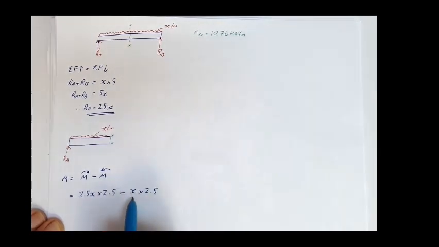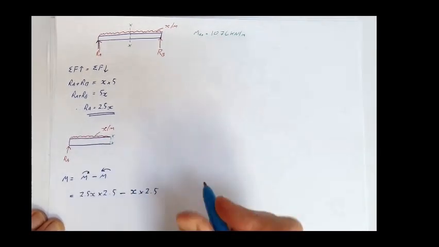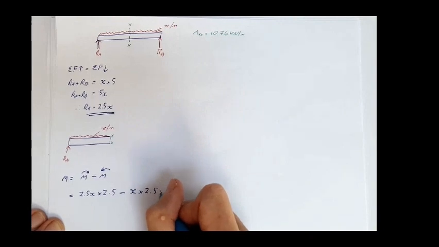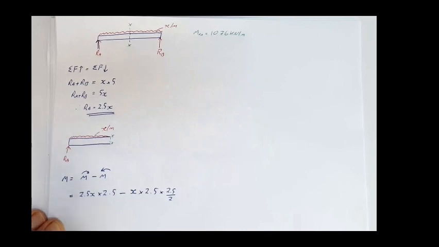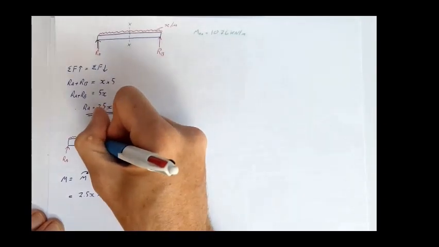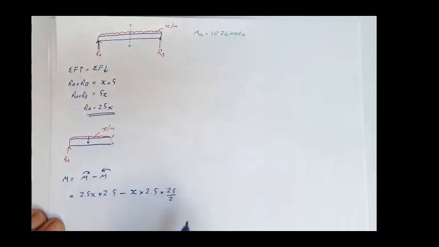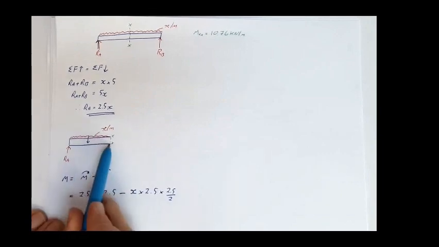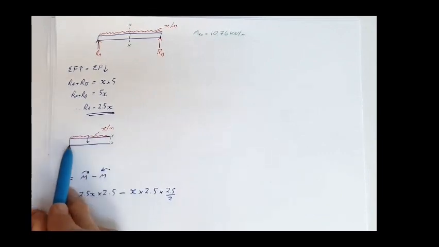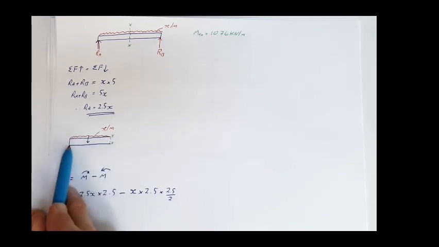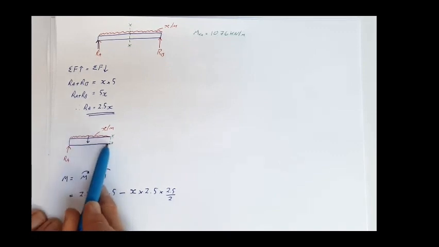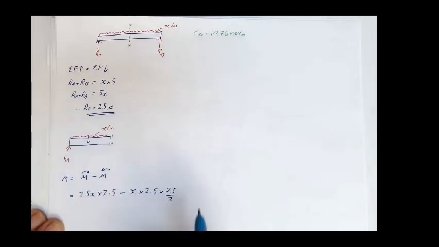It's the magnitude of the UDL to the left of the middle, times 2.5 over 2. We're going to assume that that is acting in the center. So the distance from here to here is 2.5, so therefore the distance from here to here is going to be 2.5 minus half of that, so 2.5 divided by 2.